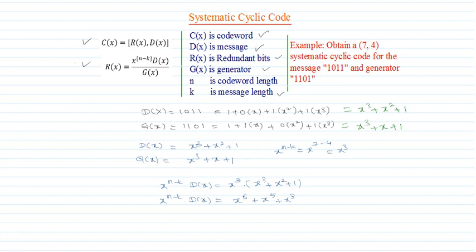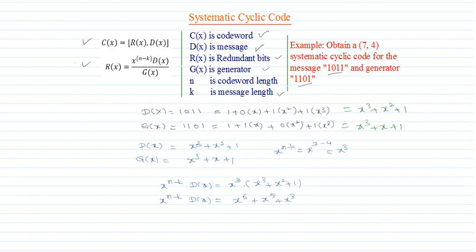Okay. For example, if I'm taking a (7,4) systematic cyclic code generator, here the message is given and the generator is given. The message is 1011 and the generator is 1101. The first step in generating the systematic cyclic code is that we have to express the given message and generator as polynomials.